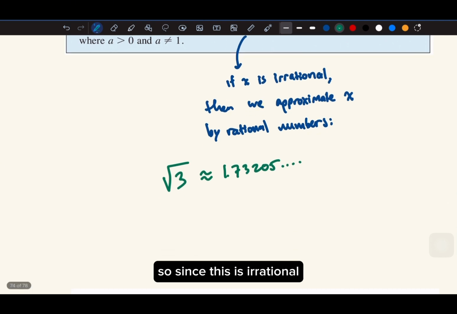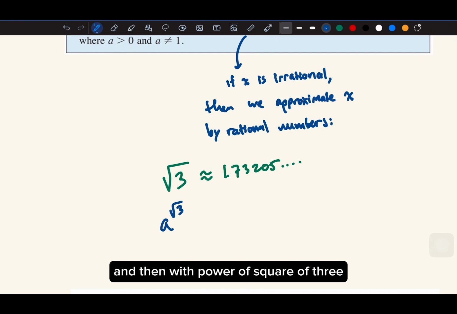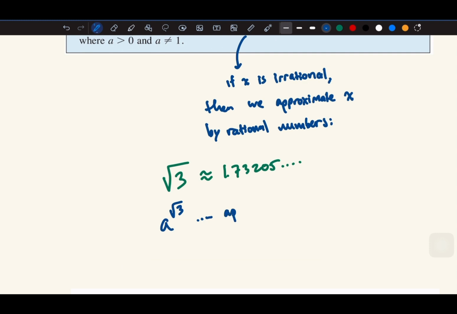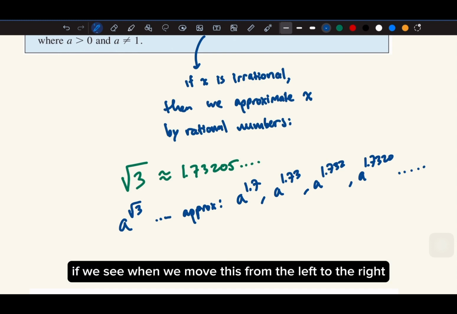So since this is irrational, if we take a with power of square root of 3, then we could see the approximation.